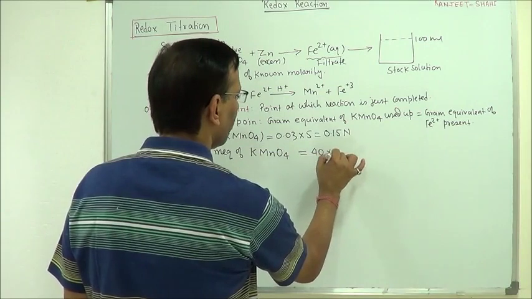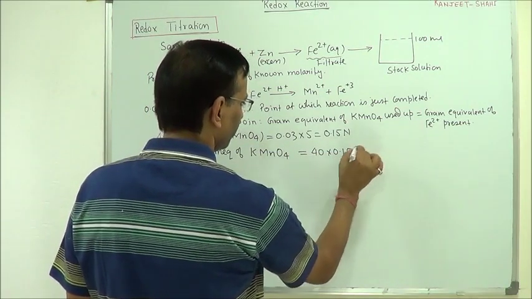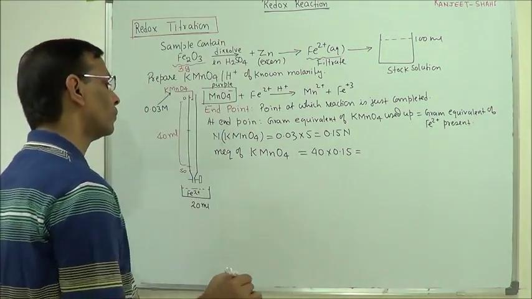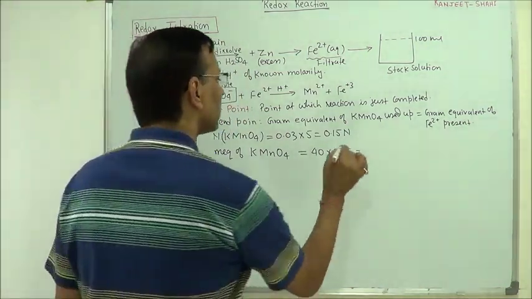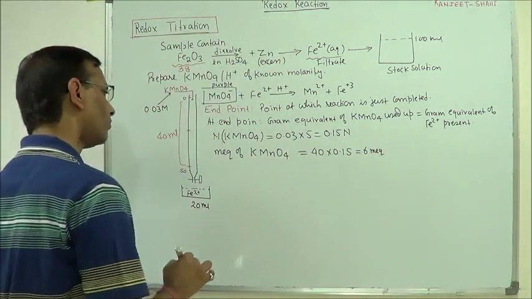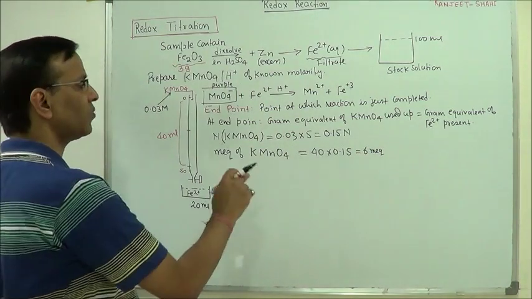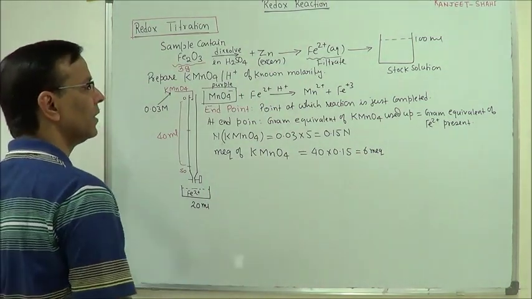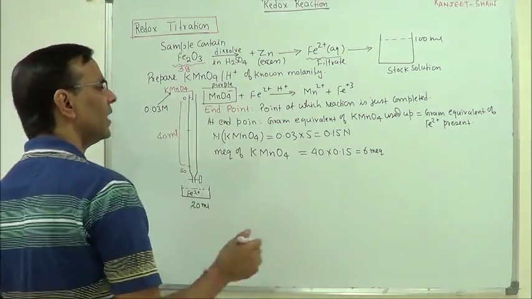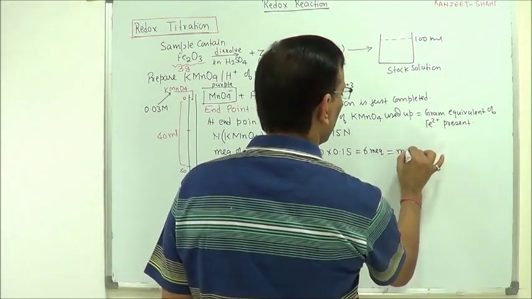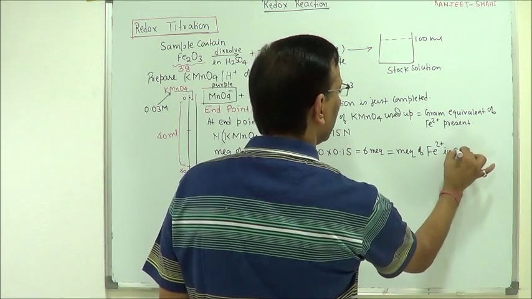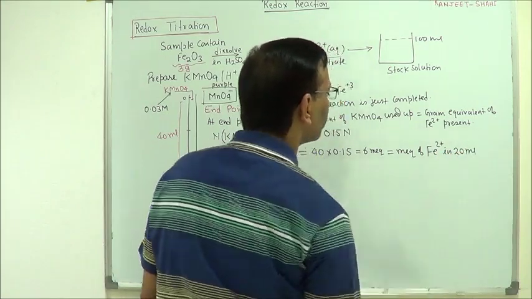So 40 into 0.15, it will be 6 milliequivalent. And 6 milliequivalent of potassium permanganate will oxidize 6 milliequivalent of ferrous ion. So this will also be equal to milliequivalent of ferrous ion in 20 ml.